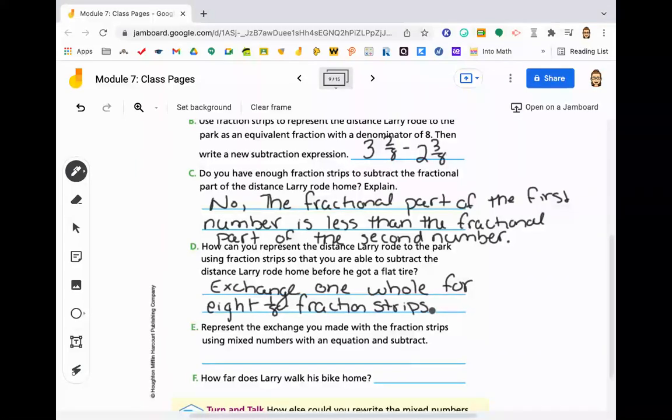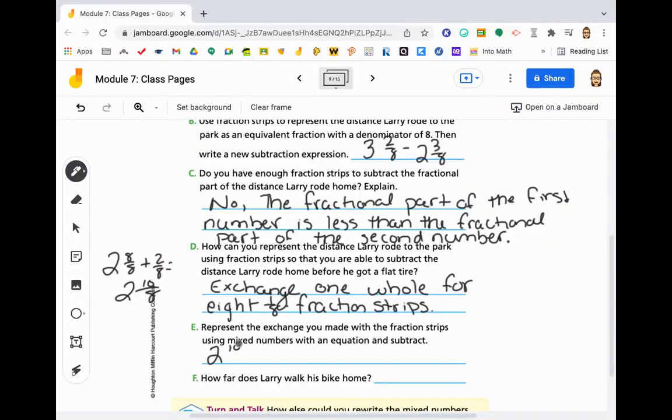So it says represent the exchange you made with fraction strips using mixed numbers with an equation and subtract. Well, if I now have 8 1/8 fraction strips plus the original 2, so I would have 2 8/8 plus 2/8. That's going to equal 2 10/8.